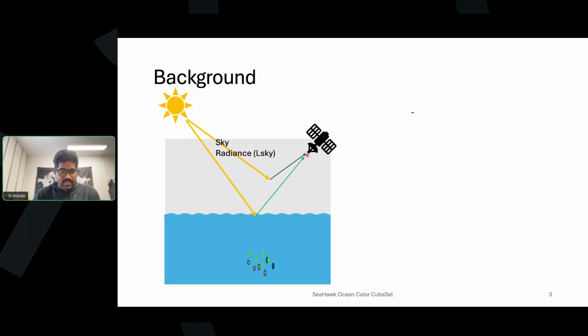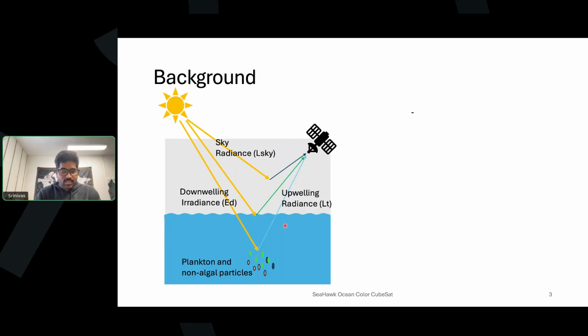This is sometimes glint. And the last part, which is the most important one, is the sunlight that is reaching down into the water column and interacting with different optically significant substances like plankton and non-algal particles, and then reaching the sensor. So the most important signal for ocean color is this last one, the water signal that is coming from beneath the water surface.